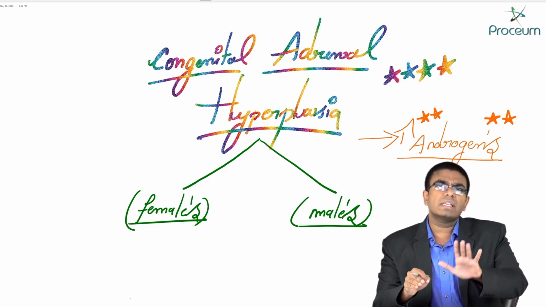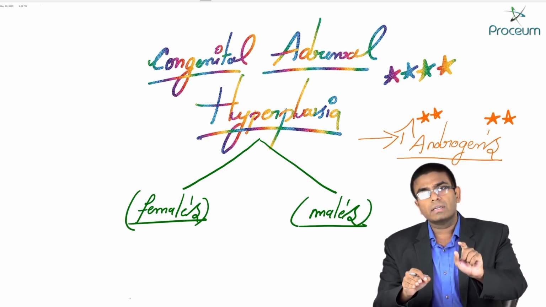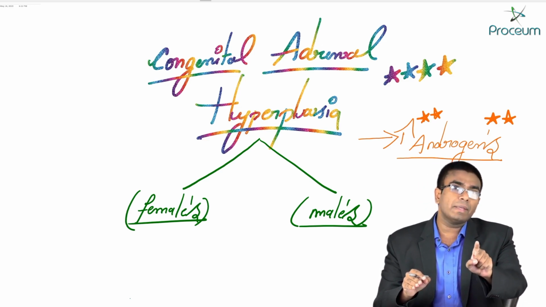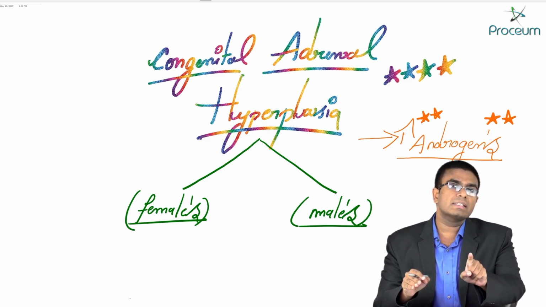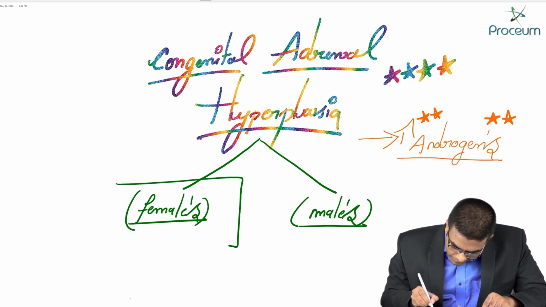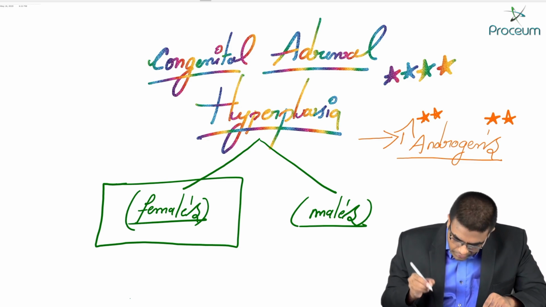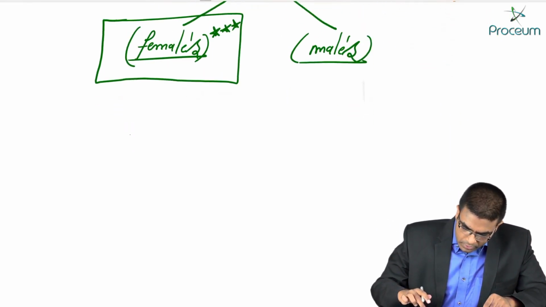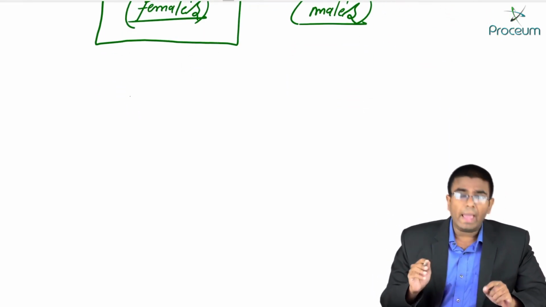So androgens in males are not a big issue. But too much androgen production in females is really something bad. So what I want you to keep in mind is that congenital adrenal hyperplasia, especially in females, will cause problems. Now let's see what usually happens.